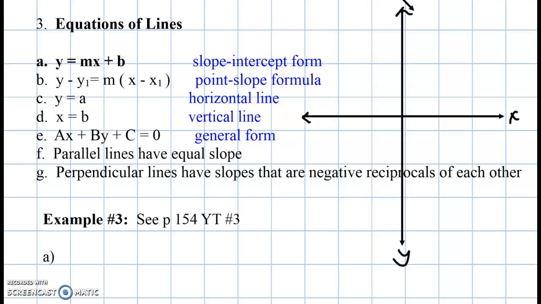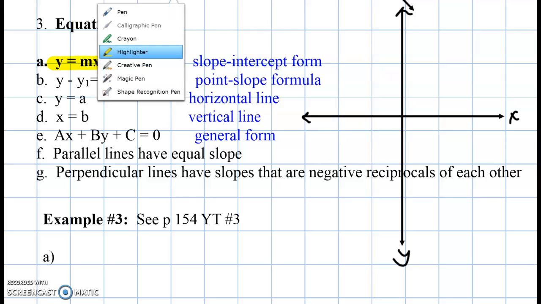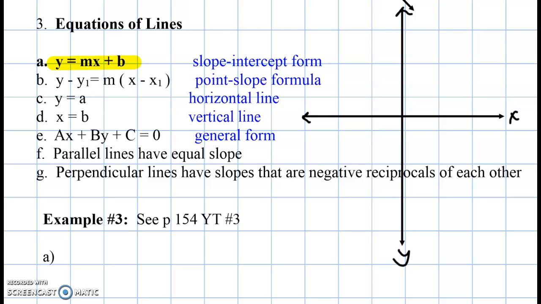Let's look at number 3 and review some equations that we need to know when we're talking about lines. The slope-intercept form is an equation that you memorized, and just a few things about it. We know that m, as we've talked about just now, represents the slope, the rise over the run, or the tiltedness of the line.